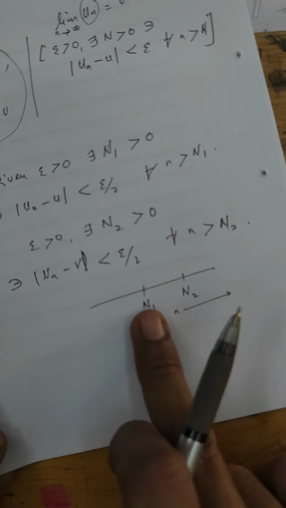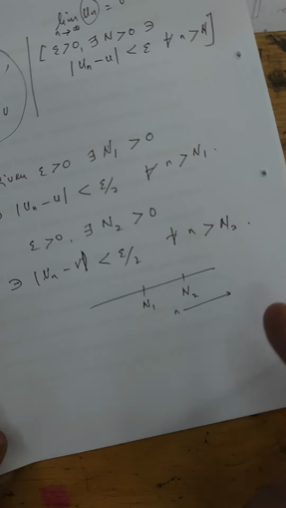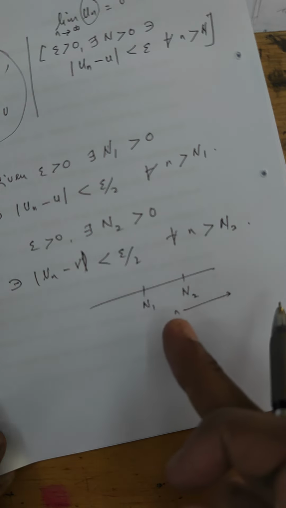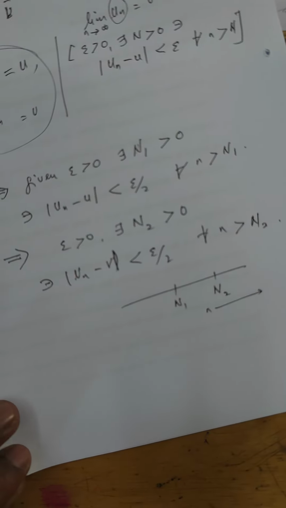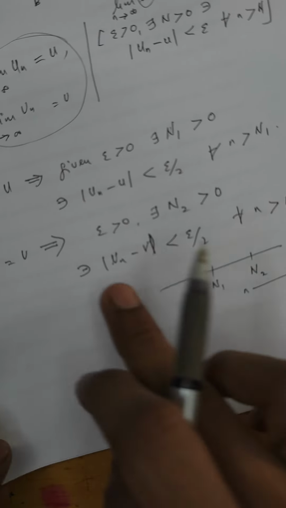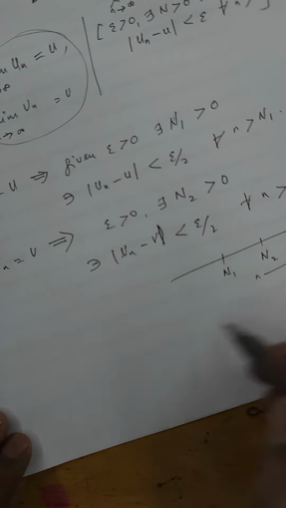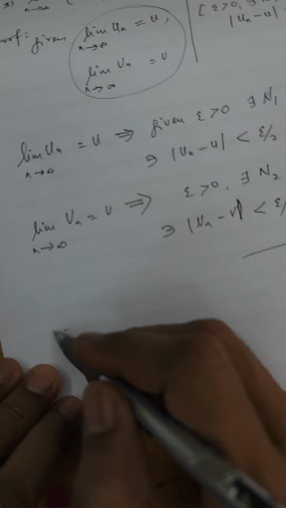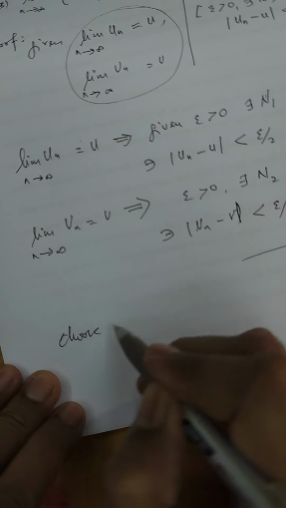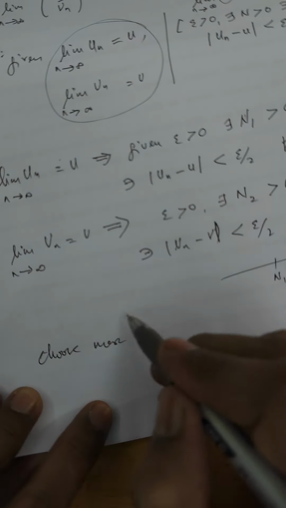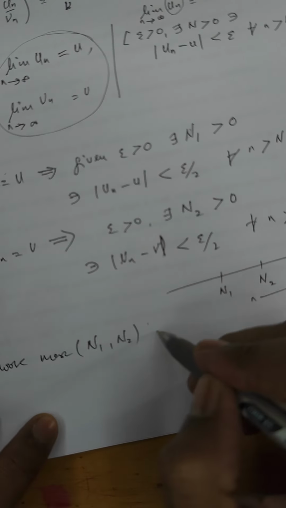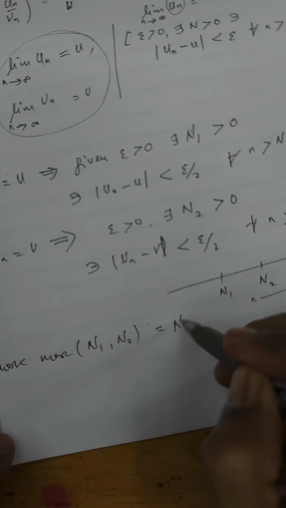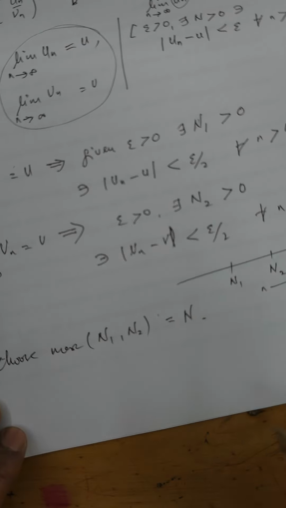Or otherwise, if n2 is on the right side and n1 on the left, we choose n greater than n1, then it definitely automatically satisfies it for n2. So for that reason, we choose the maximum between n1 and n2. Let's call this N.